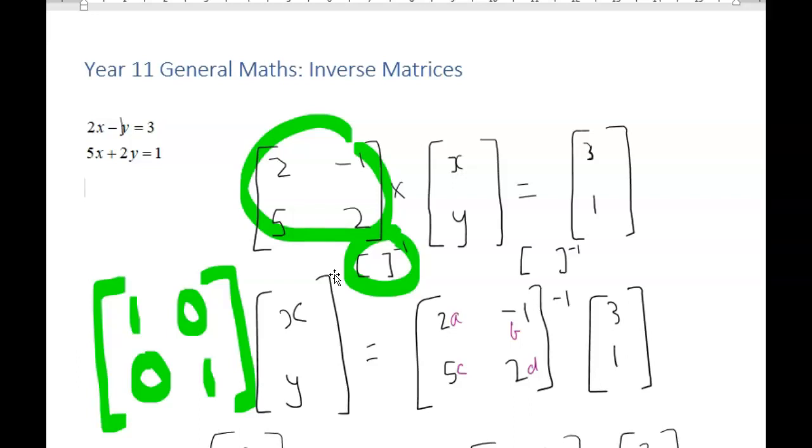Just before I finish, some of you told me today you had trouble with the decoding section, and I'm more than happy to go over that with you maybe in person. The reason I'm not going to show you again here is because I've only ever seen it in that textbook. It is not on the study design for further maths, but you are assessed on it because it's a good use of the inverse matrix.